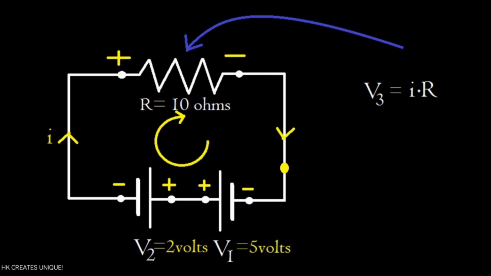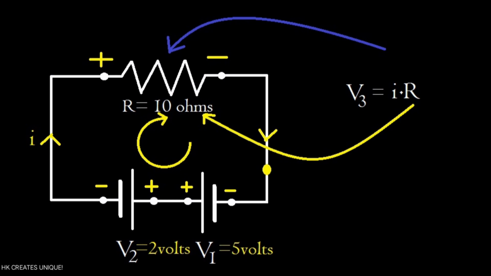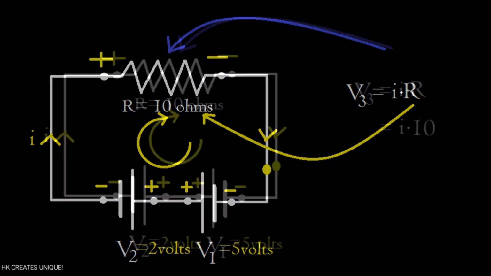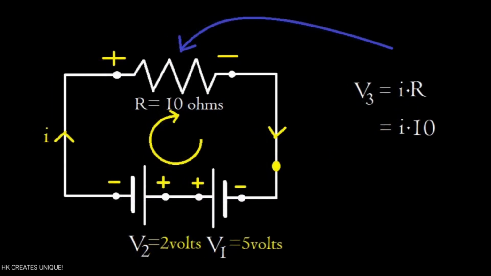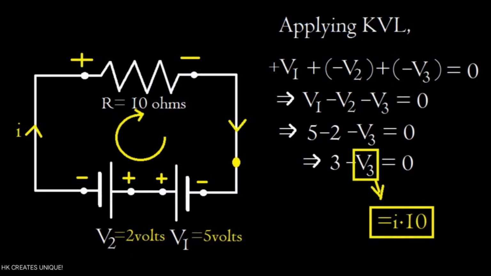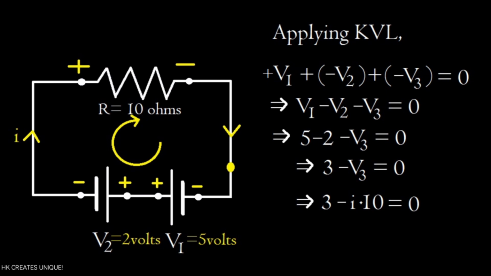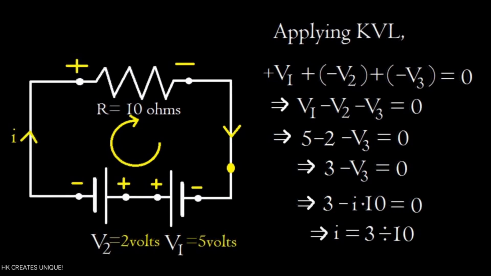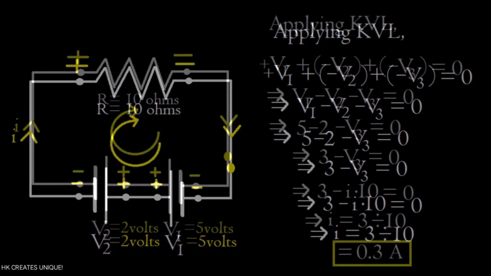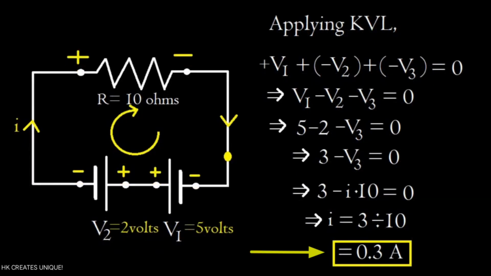V3 equals I times R. Here R is given 10 ohms. So V3 equals I times 10. Substitute the value of V3 in the KVL equation and simplify. So current in the circuit is 0.3 amps.